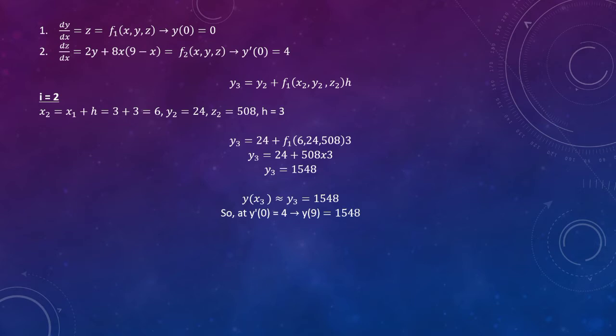So for me, I will just assume that the value of y prime at 0 should be negative 24. This is just my assumption. You can use any number, but make sure that it is not more than 4. Okay? That will be my assumption. And since we already have this assumption, we will now proceed to our second guess.